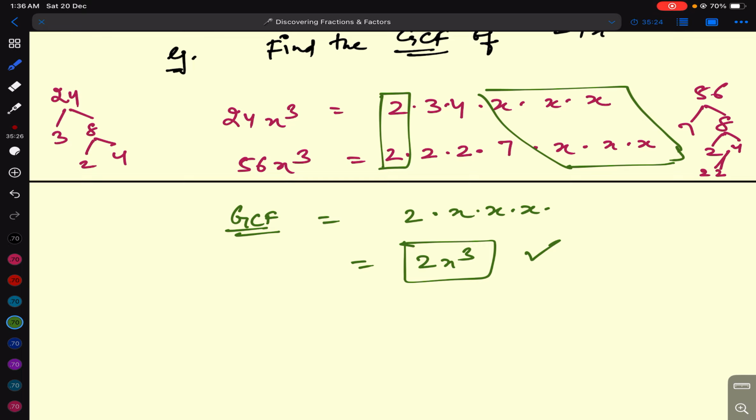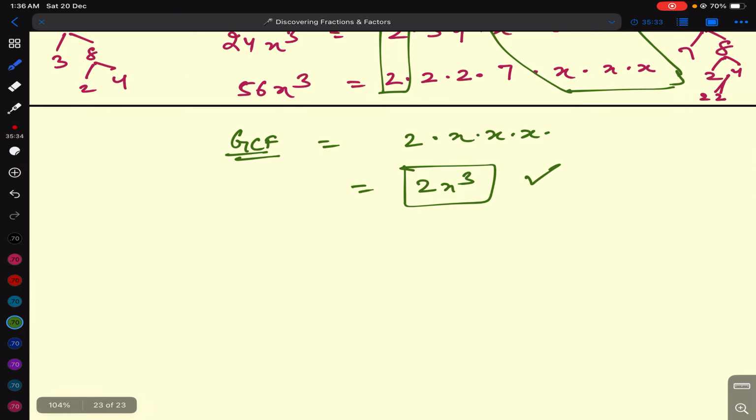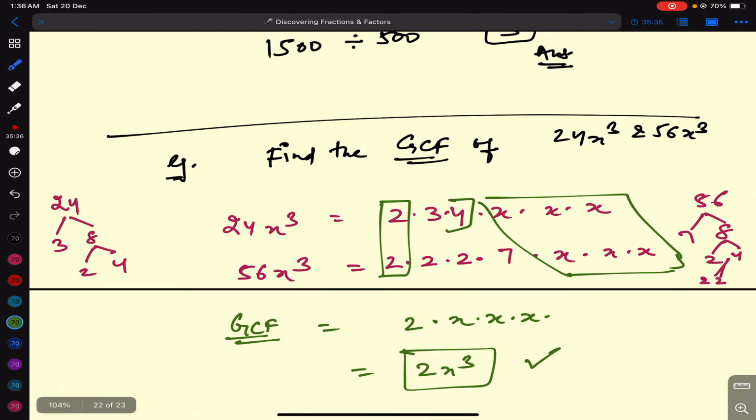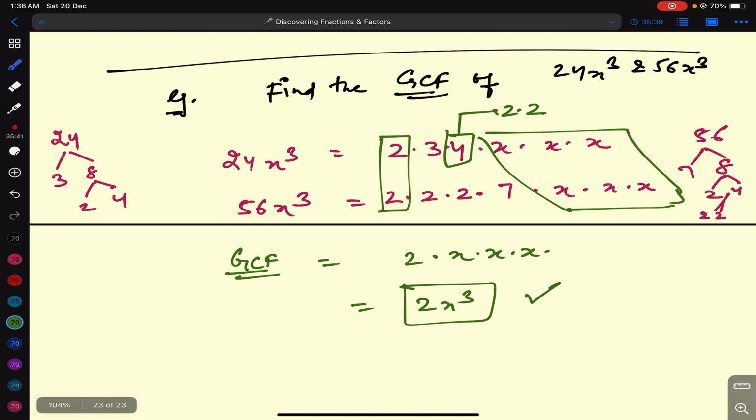Now here, sorry, I forgot to split this one to 2 times 2. So this can be rewritten as 2 times 2 times 2 times 3.